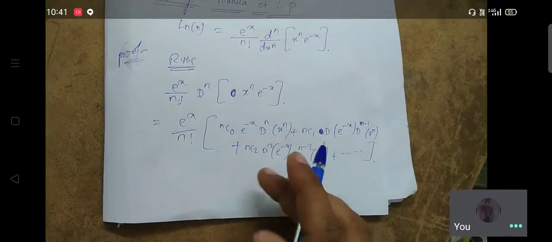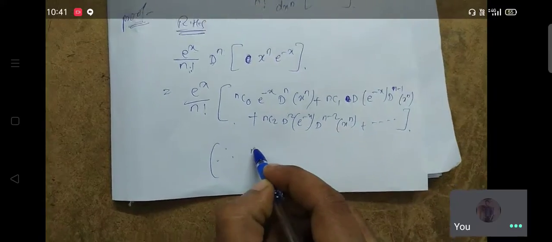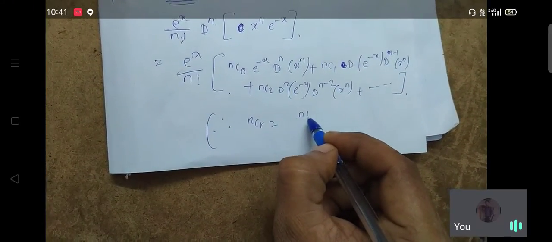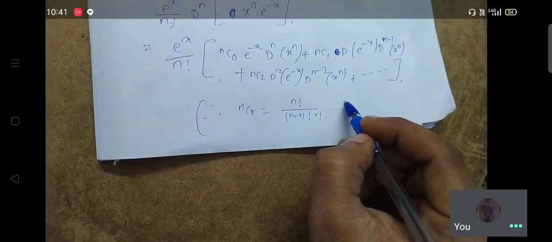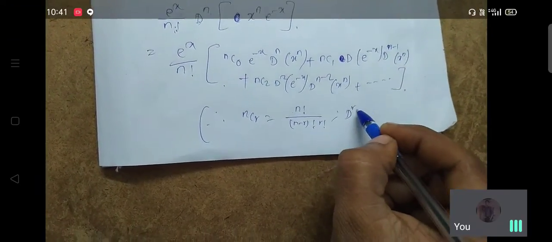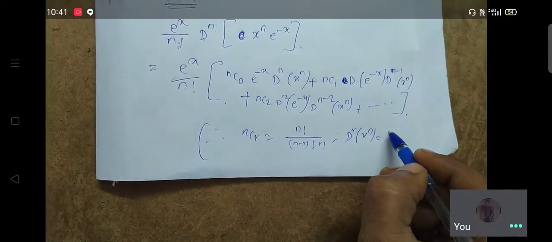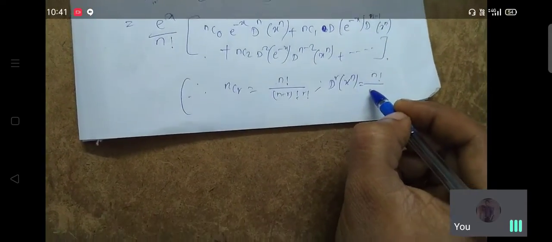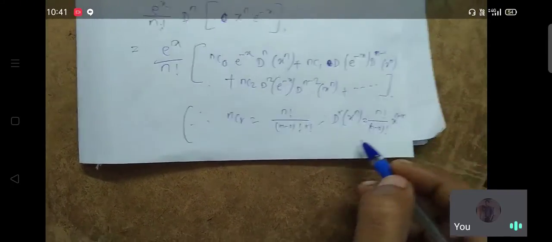Okay, so you know that nCr is equal to n factorial divided by r factorial n minus r factorial. D power r of x power n is equal to n factorial divided by n minus r factorial into x power n minus r.